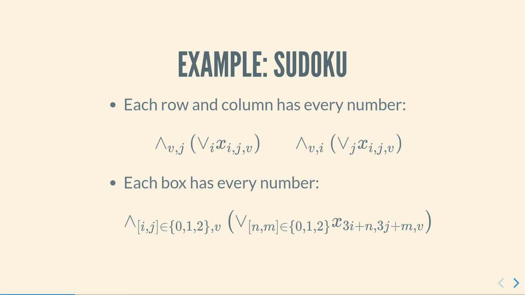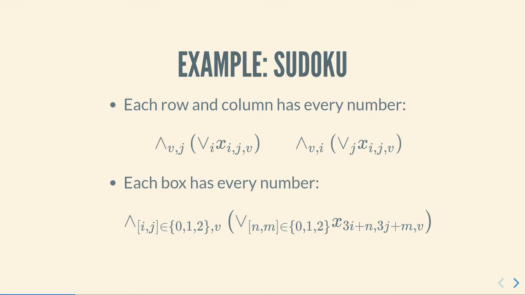And then we also have the constraint that for every box, that is for every 3x3 subgrid of the Sudoku puzzle, there must exist every number as well. And these constraints are sufficient to encode the Sudoku problem, because we have to fill in exactly one number in each box, and every row, column and subgrid must have all of the numbers.